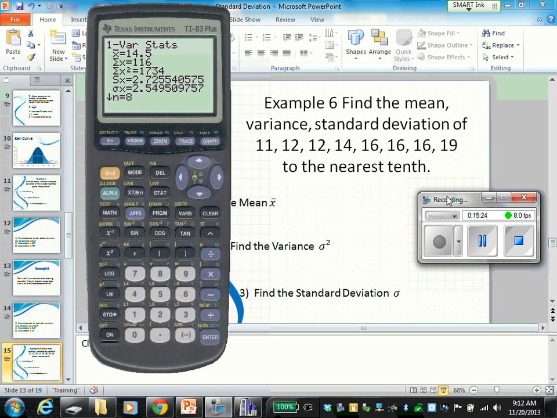The one they use on the SOL. Which one did I tell you they use on the SOL? The sigma, the bottom one. So we're going to round to the nearest tenth for today. We're going to use this bottom one, which would be 2.5. So that is our standard deviation.